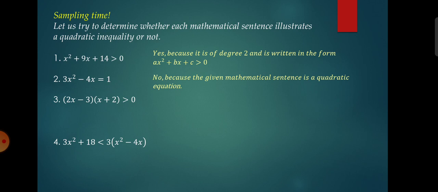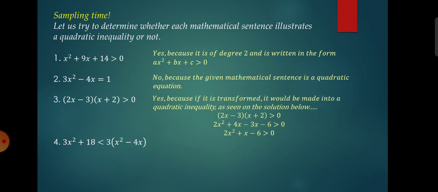How about the third one? The product of the quantity 2x minus 3 and x plus 2 is greater than 0. How about this item? Yes, this is considered quadratic inequality because if it is transformed, it would be made into a quadratic inequality as seen on the solution below. Quantity 2x minus 3 times quantity x plus 2 greater than 0.